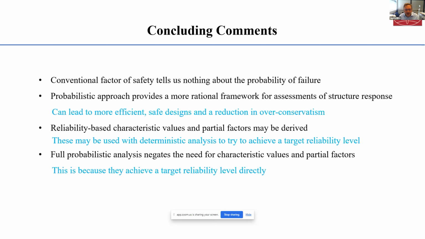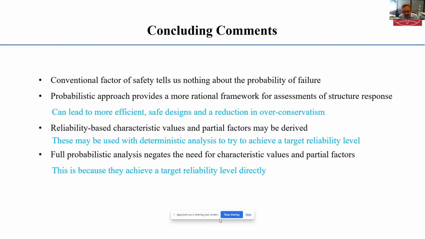However, if we do a full probabilistic analysis instead, such as a Monte Carlo analysis I've just illustrated, that actually negates the need for characteristic values and partial factors, because if we carry out a full probabilistic analysis, that analysis itself achieves the target reliability level directly.